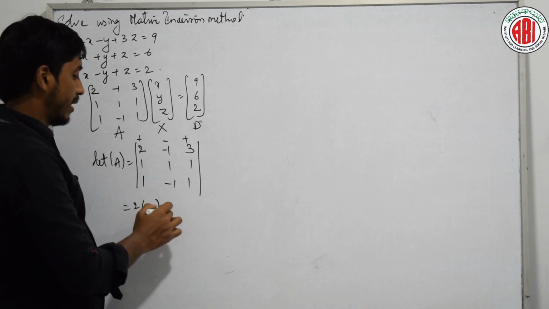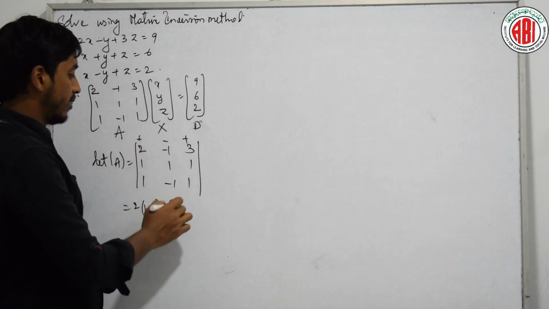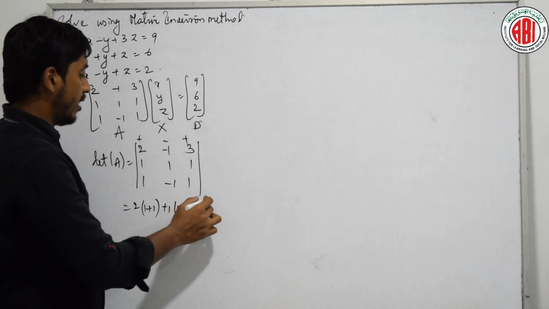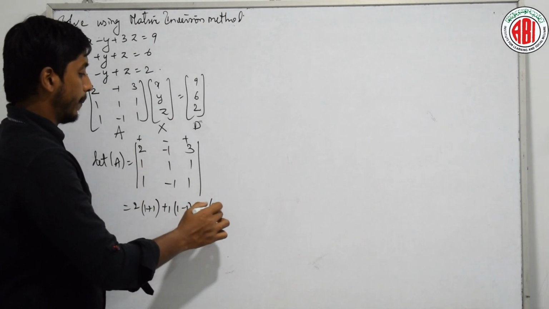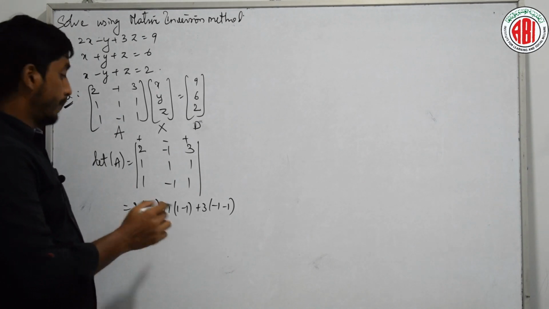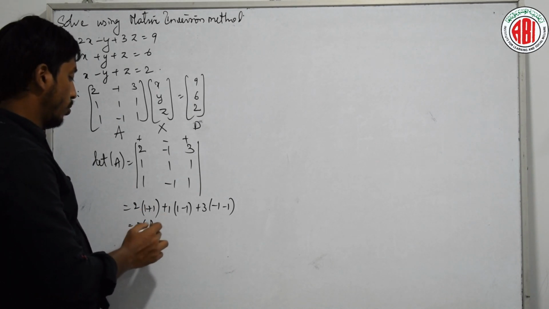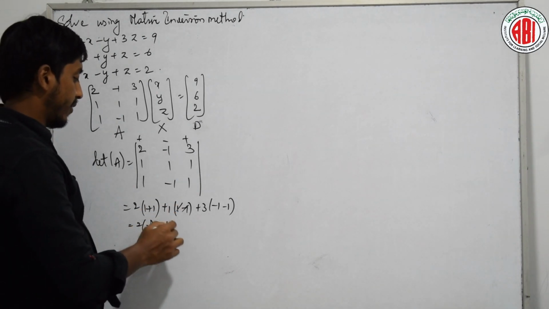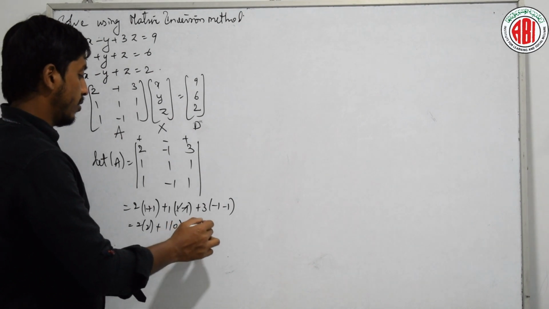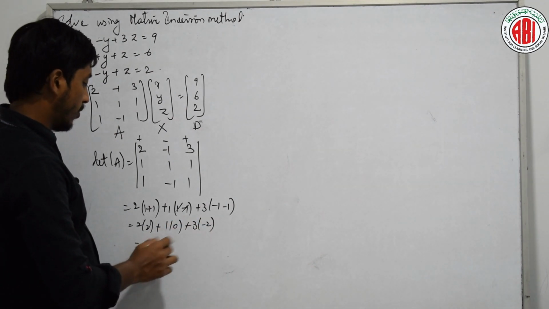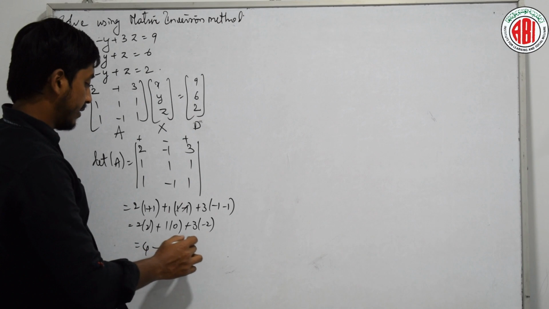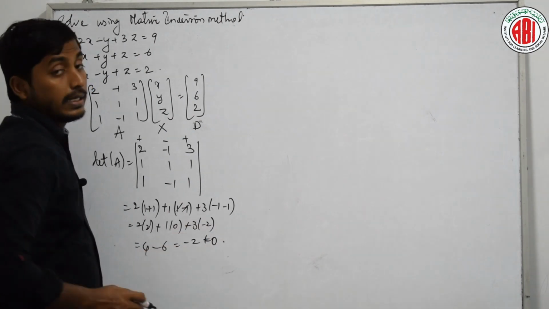Here also minus to minus, plus 1, 1 minus 1, plus 3 into minus 1 minus 1. Isn't it? That is 2 into 2 plus these both will cancel. I will get 1 into 0 plus 3 into minus 2. 2 2 is 4, 3 2 is 6. Answer is minus 2, which is not equal to 0.